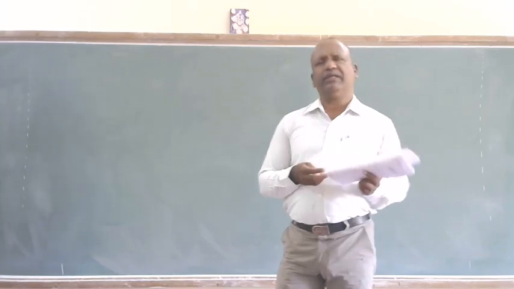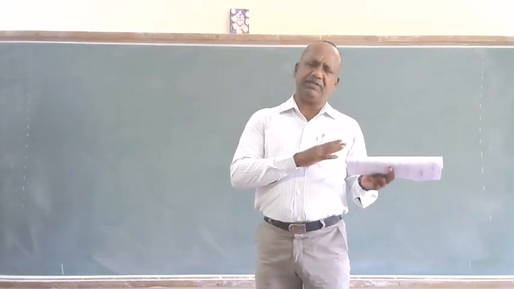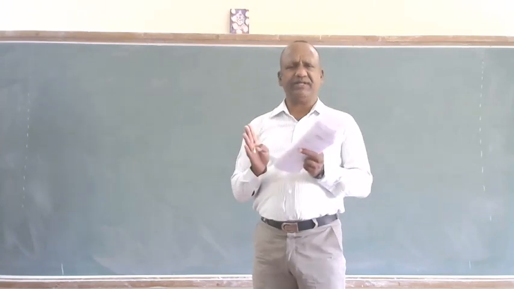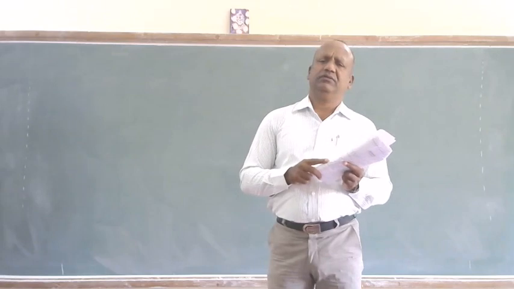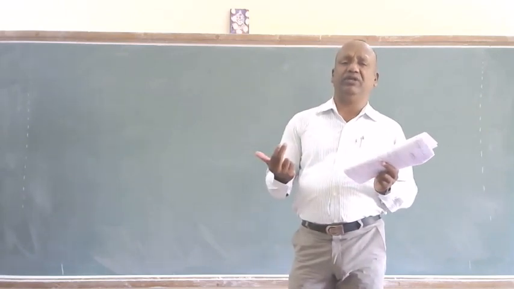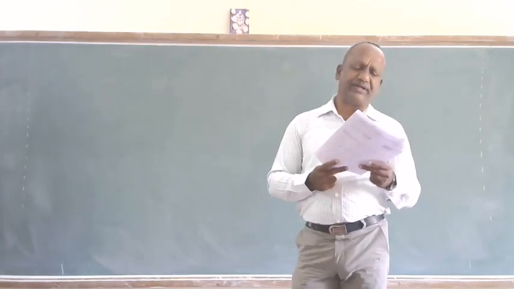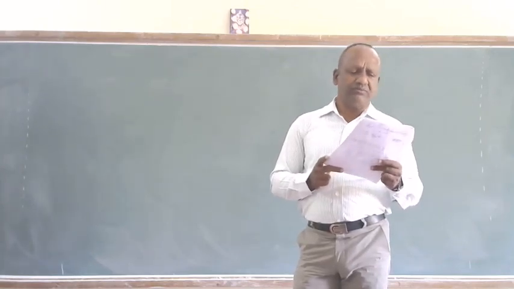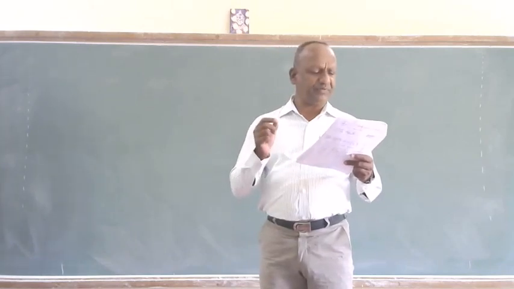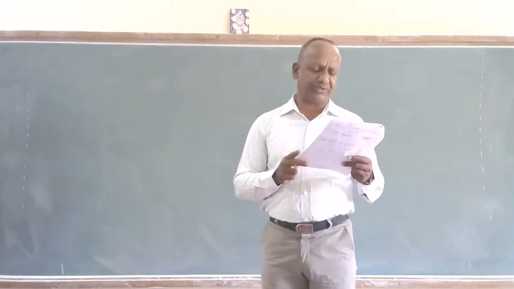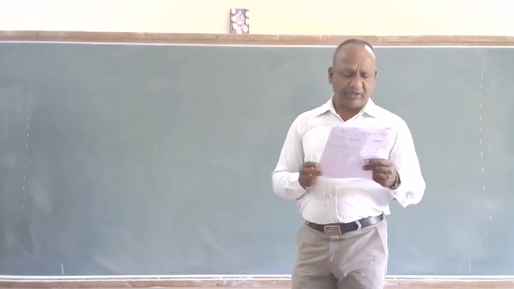So ultimately what I am getting is the output of the sampling process, which is the input of the quantization process, and then the output of the quantization process. And next, what we are doing with encoding is also very important. Just now I want to concentrate on two important statements which give you a clear picture of the sampling process and the quantization process, and hence the digitization of analog signals.